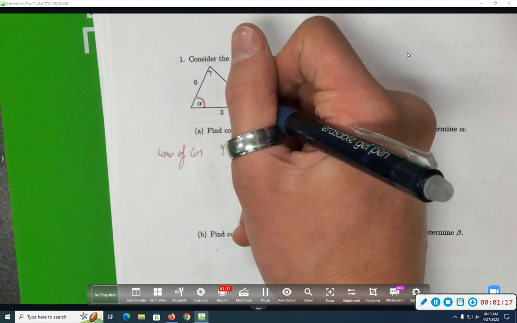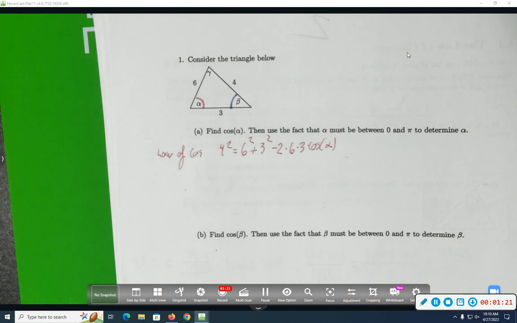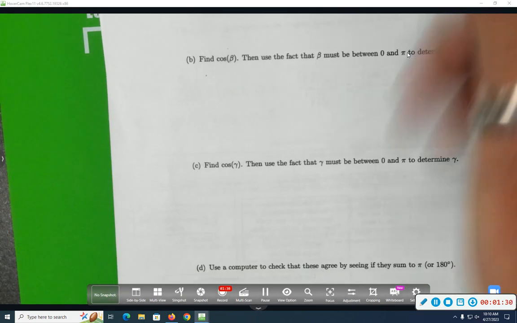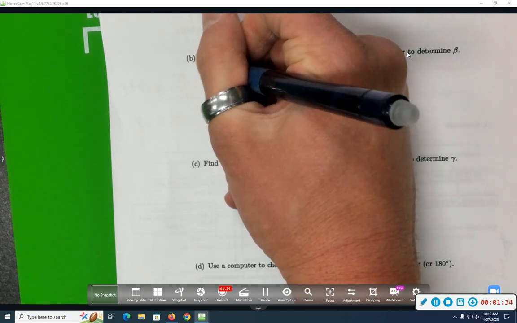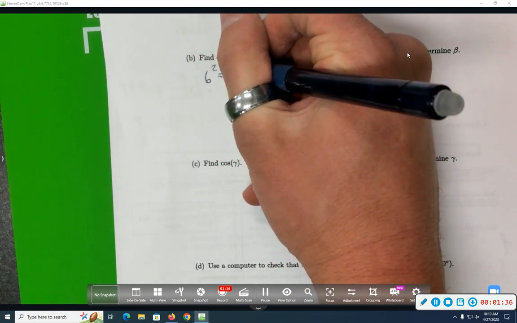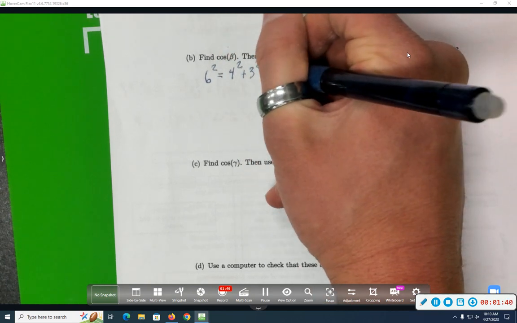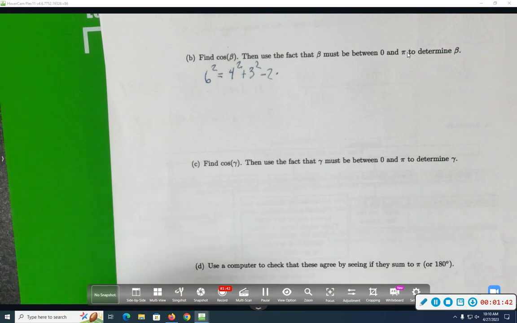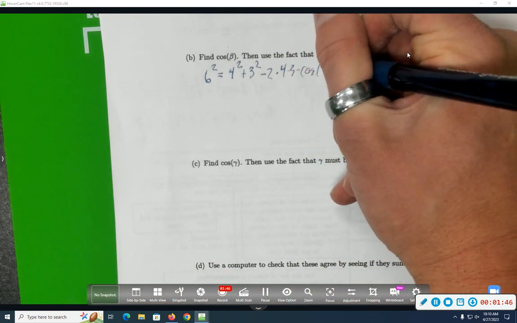I'm going to go slightly out of order. Let's see what this equation says if we do the same thing centered at beta. What's the side length opposite beta? 6. So for cosine of beta, we would say 6 squared is equal to the sum of the squares of the remaining two sides minus 2 times the product of those two sides times the cosine of beta.